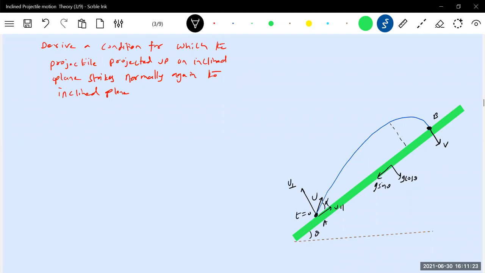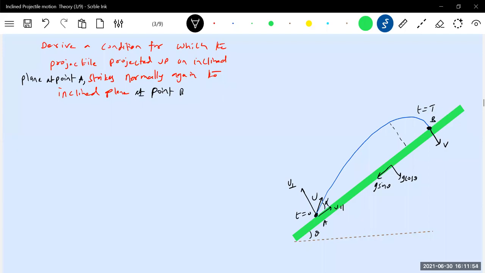So first we'll calculate, as usual, the time of flight after some time t. Okay, now get into the thing.